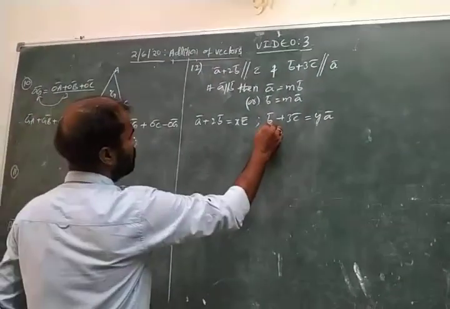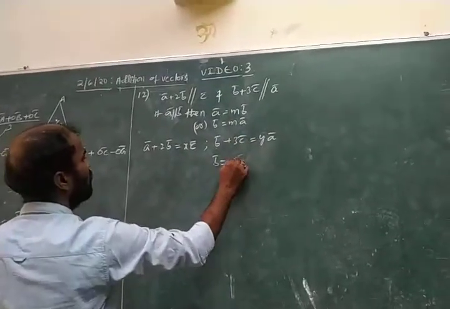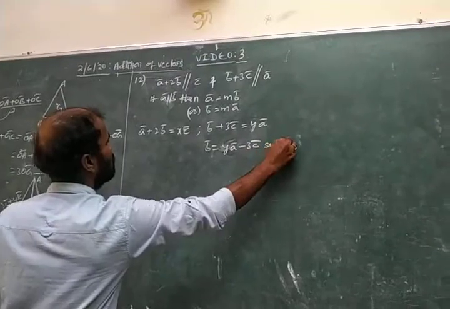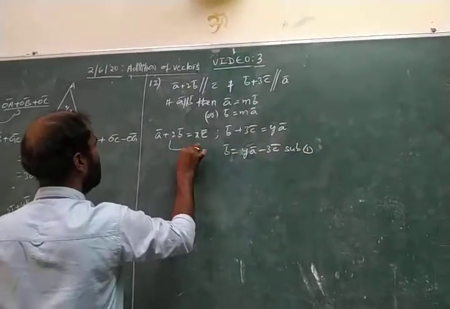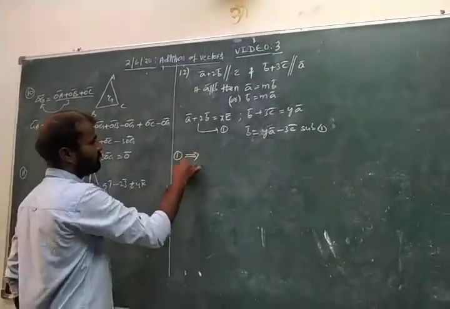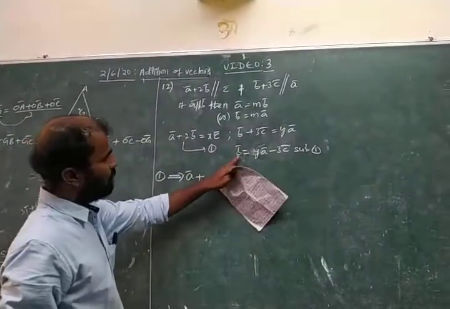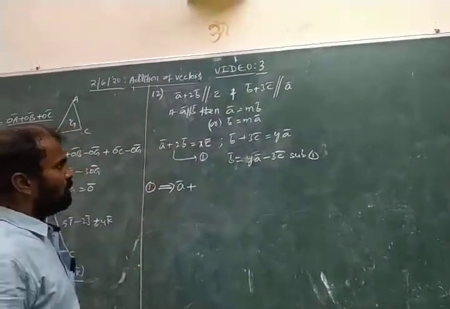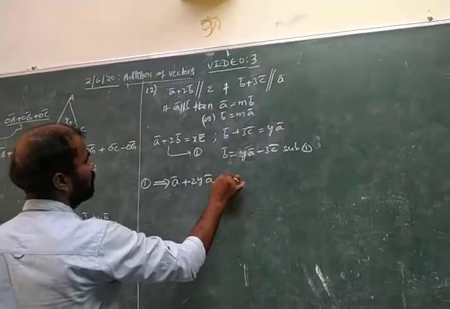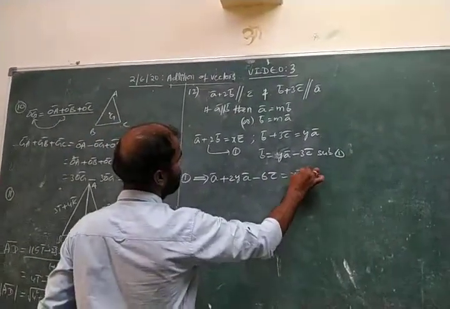Now from this, b bar equals y a bar minus 3c bar. Substitute in equation 1. Now equation 1 becomes a bar plus, here we have b bar only but we require 2b bar, so multiply with 2: 2y a bar minus 6c bar is equal to x c bar.